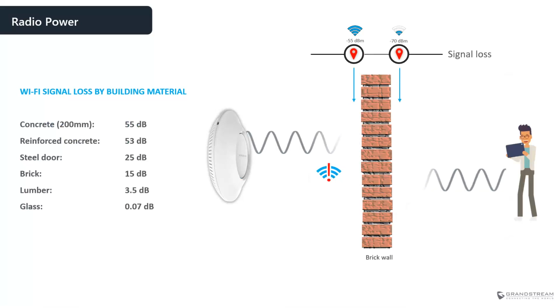However, the transmission from the wireless client to the access point might not have enough strength to reach the access point. And this can increase the retransmission rate, which can eventually slow down the wireless connection. And in some cases, the wireless client may not even connect to the access point.